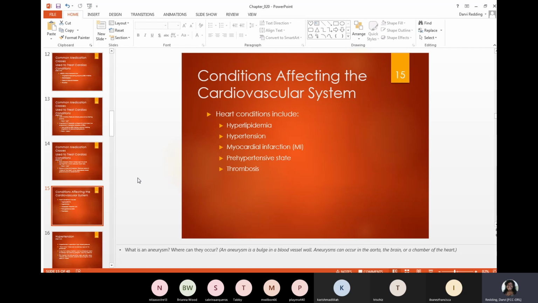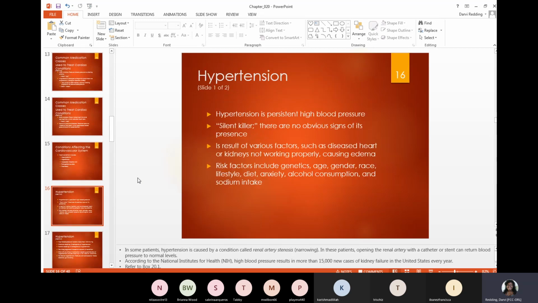So these are some conditions that affect the cardiovascular system: hyperlipidemia, hypertension, myocardial infarction, pre-hypertensive state, and then thrombosis. So in learning about the conditions that affect the cardiovascular system, we'll take a further look into hypertension.